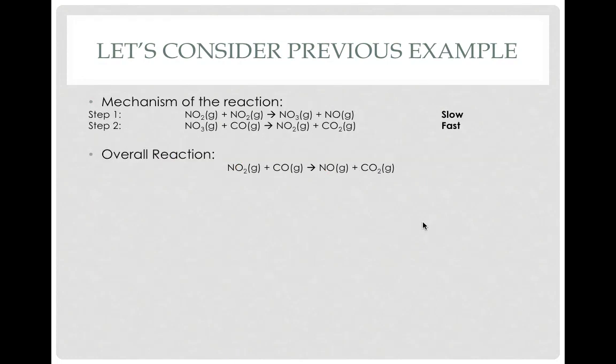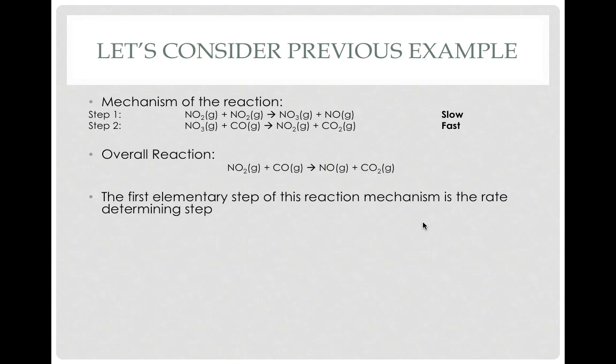Now, the second requirement was that the rate law expression must match the slowest step. So in here, the first step is the slowest step. The rate law expression for the first step would be rate is equal to k times the concentration of NO2 to the 2.